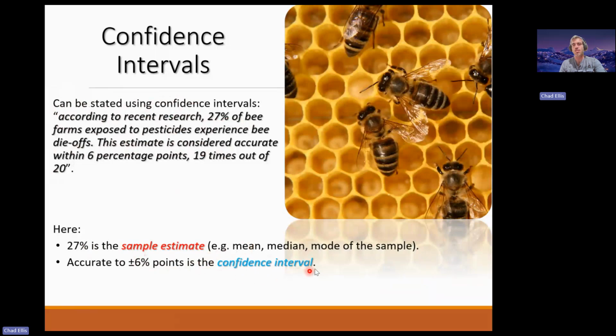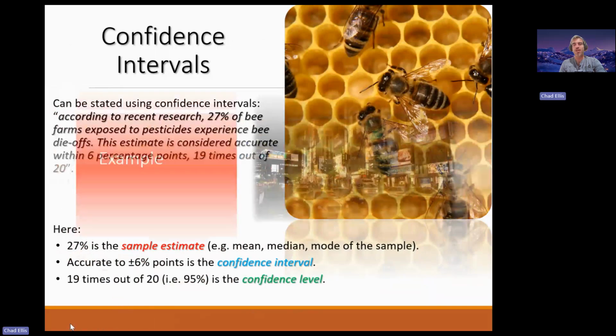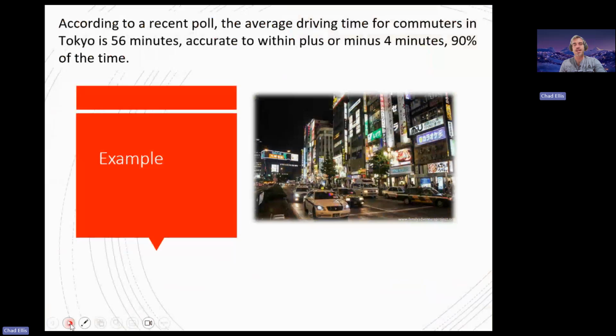That's the range that we're going to put around our 27%, in which we can be, in this case, 95% sure that the overall population mean, the bee population throughout entire Canada, is going to fall within that confidence interval, that plus or minus 6 percentage points above and below 27%.